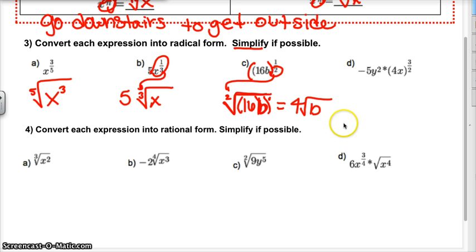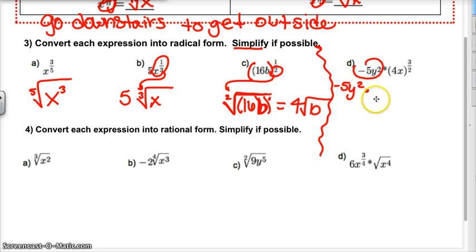All right, next problem. There's kind of a lot going on here. This one was harder than what I had originally anticipated. The negative 5y squared times, so this is all just going to stay put for a second. Negative 5y squared times, just like in letter C, I have parentheses, downstairs to get outside, so that's a 2, that 4x, all to the third power.